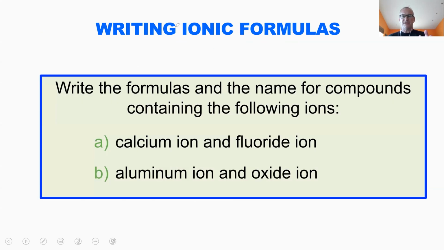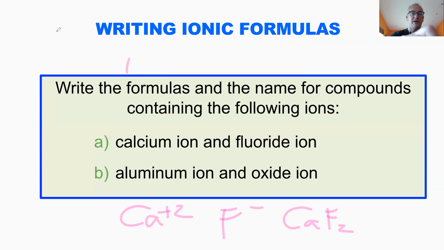So calcium and fluorine, in this instance calcium is going to be +2. Fluoride is going to be -1. And so calcium fluoride. And aluminum, we've been dealing with aluminum all morning.